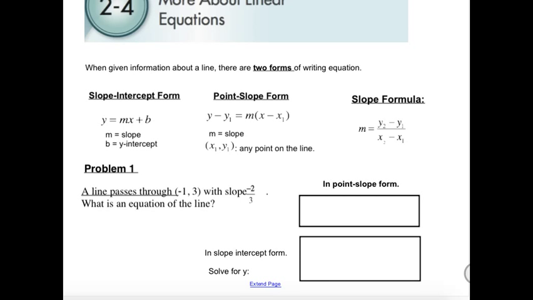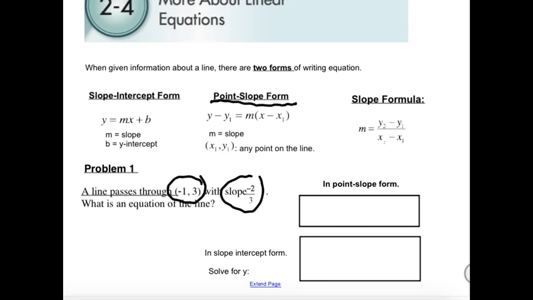So problem 1 says we have a line that passes through our point -1, 3 with a slope of -2/3. What is an equation of the line? Well, as it says, I have a slope and I have a point, so I should probably be using point-slope form. Anything that doesn't have a subscript, subscripts are those little numbers next to our letters, gets replaced with our point.